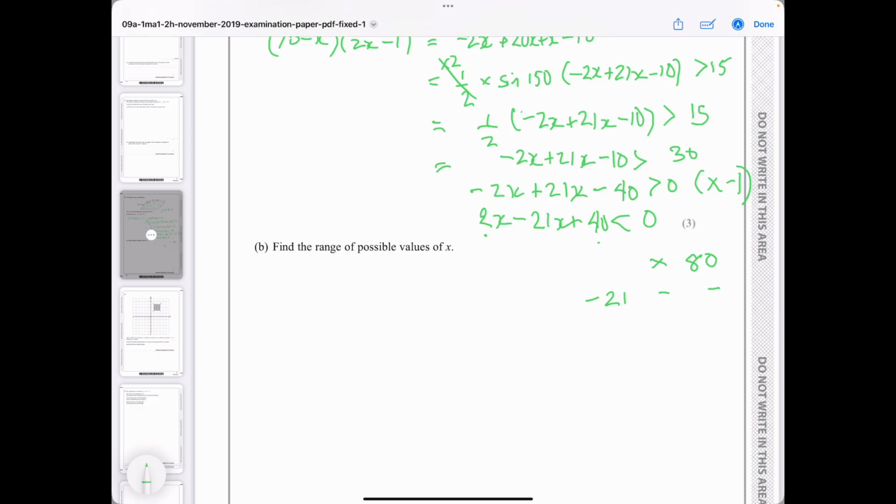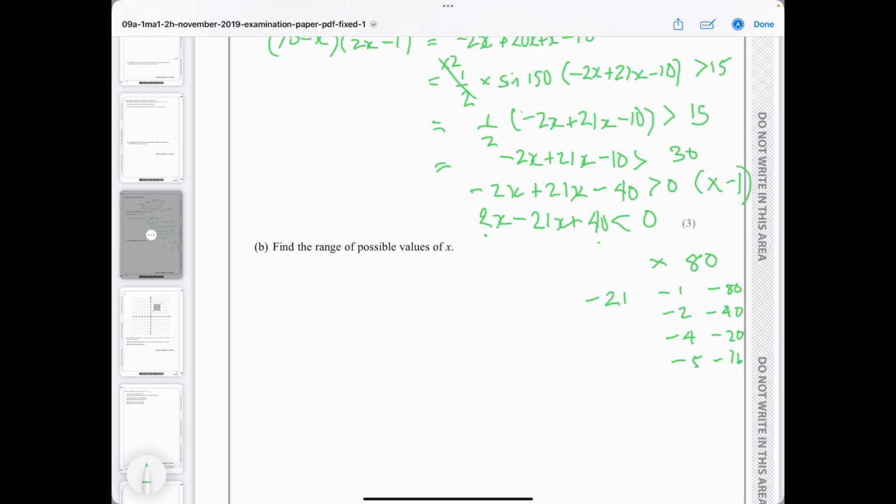Have I got anything immediately off that? So that's 1 and 80, 2 and 40, 3 doesn't go in, 4 and 20, 5 and 16.